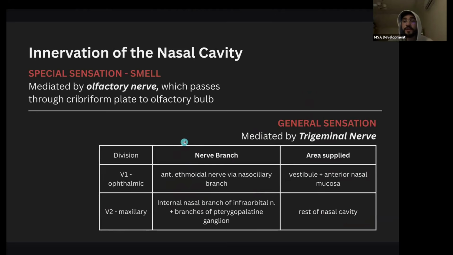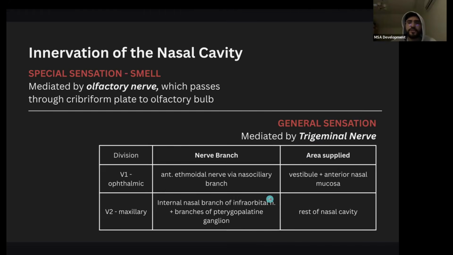Now, we've done the blood supply. There's definitely nerve supply. So the special sensation, which is your smell, is going to be mediated by the olfactory nerve, which passes through the cribriform plate to the olfactory bulb. And then the general sensation is going to be supplied by the trigeminal.